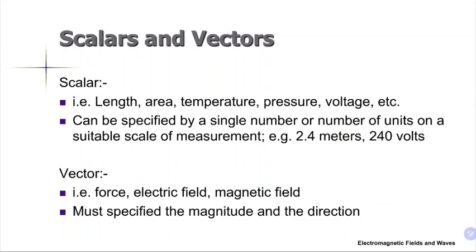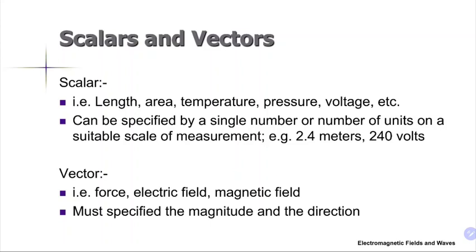I'm sure you know what a scalar is and what a vector is. A scalar is something that has no direction, so things like length, area, temperature, pressure, and voltage. These are the things that we call scalars. It doesn't matter which direction you point, it has the same value.